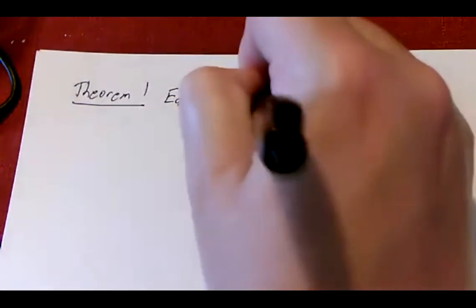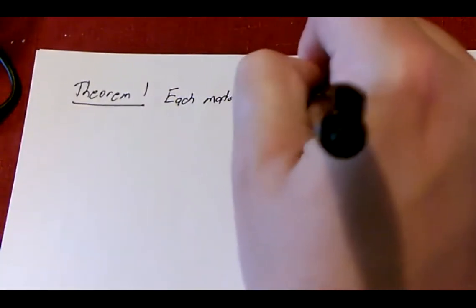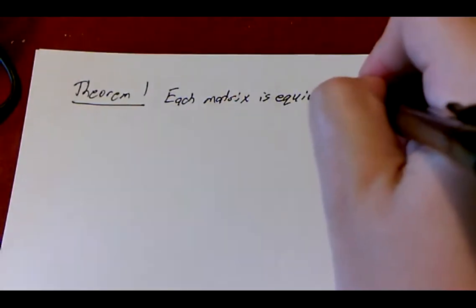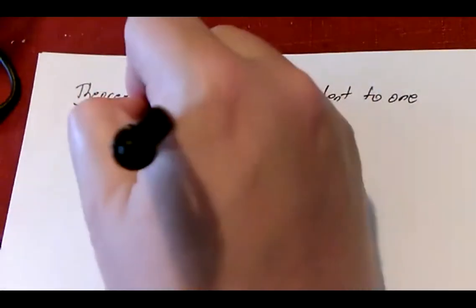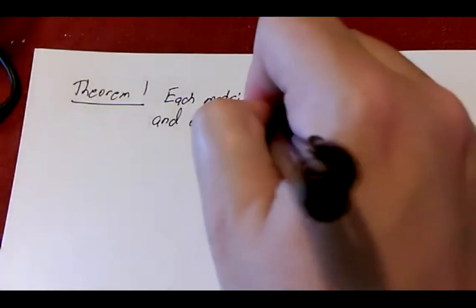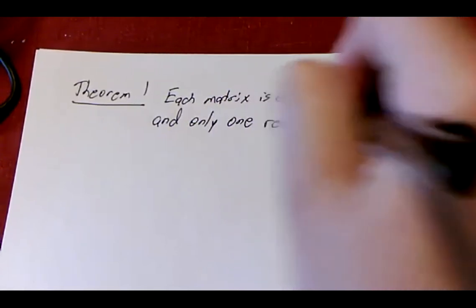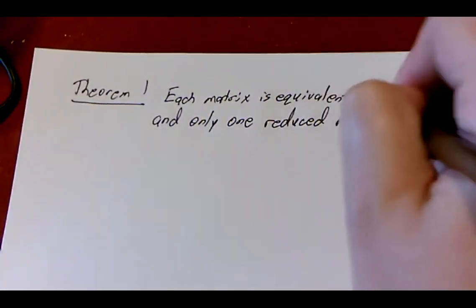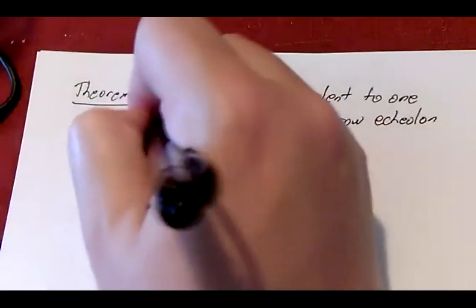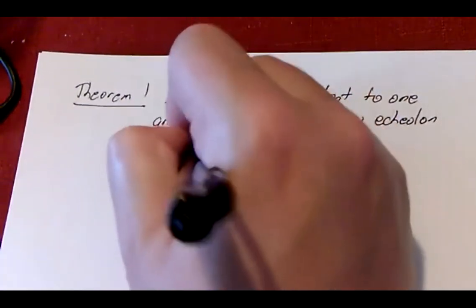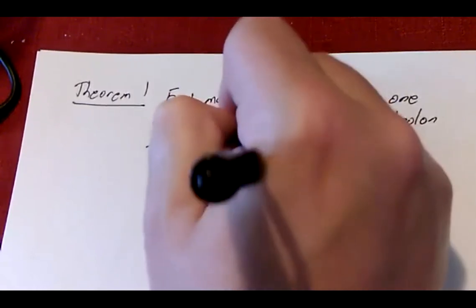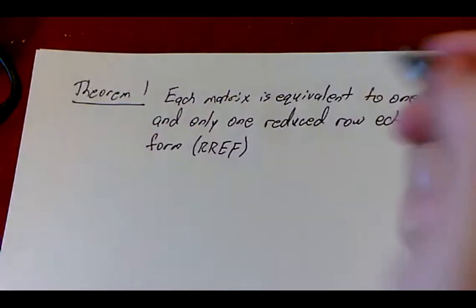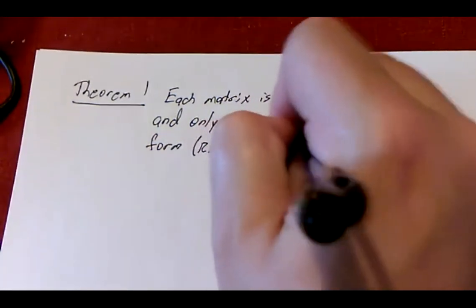Okay, and theorem 1 says each matrix is equivalent to one and only one reduced row echelon form (RREF). I'll write RREF in parentheses there to remind you that's what reduced row echelon form is. The one and only one reduced row echelon form matrix.